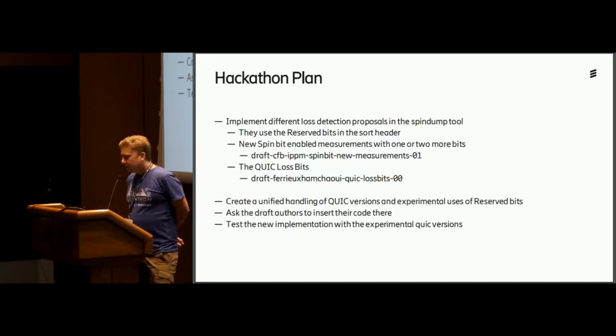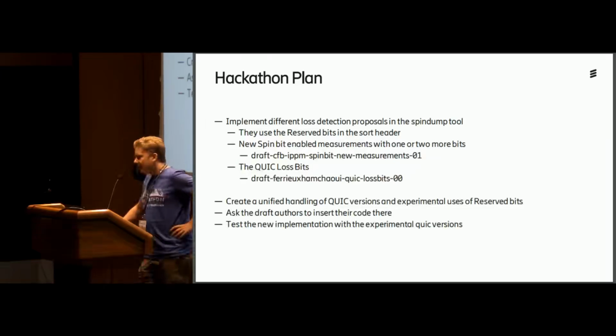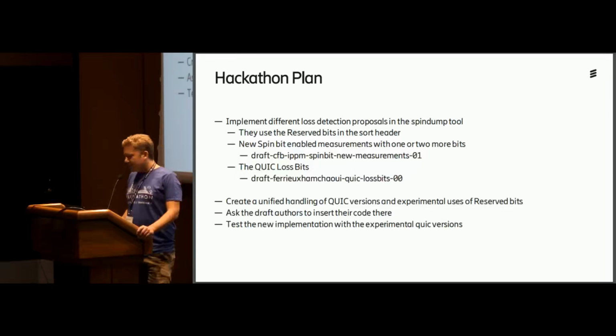So there are a few different proposals out on using some of the reserved bits in the short header of the QUIC packets. So we needed also to create some sort of unified handling of QUIC versions, because we now start to see a lot of different versions and different uses of these experimental bits. And yeah, that's basically what we tried to do.